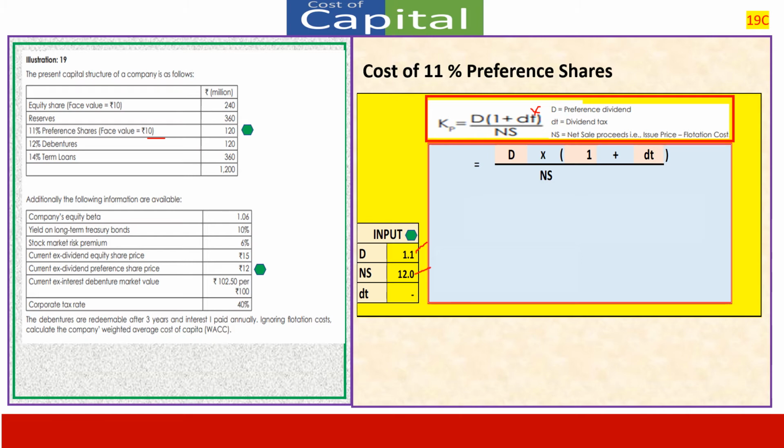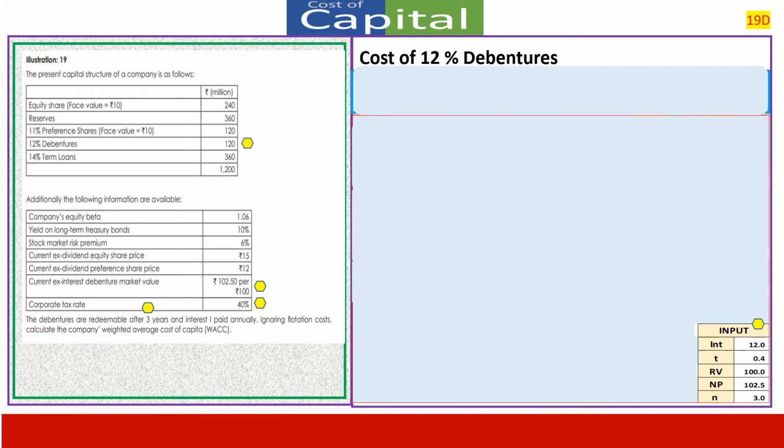NS stands for net sale proceeds, issue price minus flotation cost. Now net sale proceeds today is 12. 1.1 is the dividend divided by 12, tax taken as 0. It becomes 1.1 divided by 12 becomes 9.17%. Preference shares is valued at 9.17.